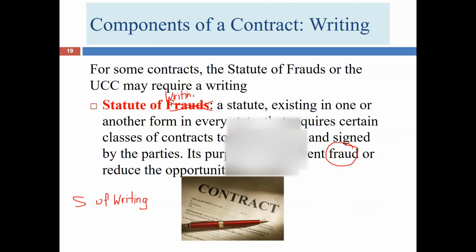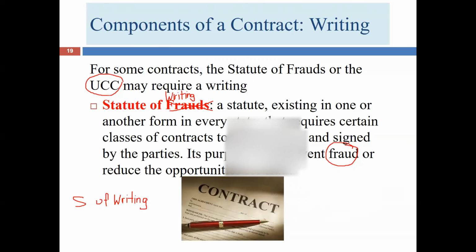You'll see I mentioned the UCC up here. A little refresher, the UCC of course stands for the Uniform Commercial Code. This is also a statute. It's also a state law statute that has to do with contracts for the sale of goods. The statute of frauds deals with common law contracts. The UCC, of course, deals with contracts that are covered by the UCC.